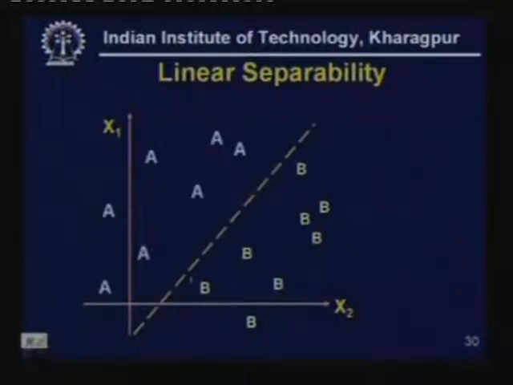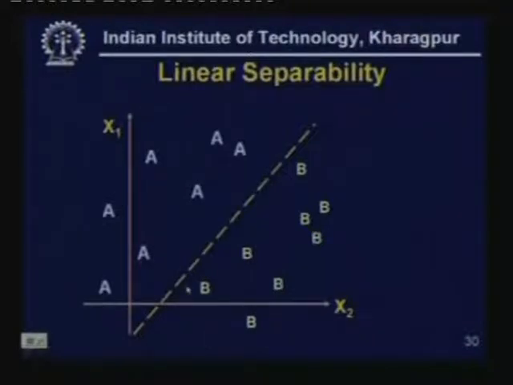We can have this decision surface so that the A's are on one side of the decision surface, and the B's are on the other side. In this two dimensional case we can draw a straight line separating the A's from the B's. In all cases we will not be able to get a straight line separating the A's and the B's, but in this case we can, and we say that this function is linearly separable.